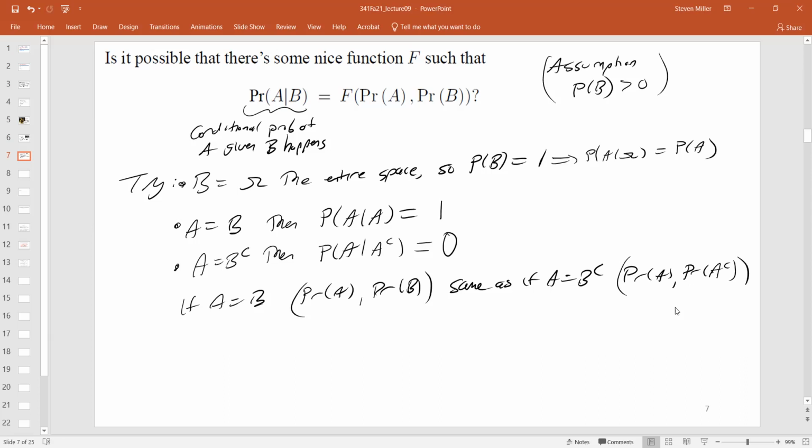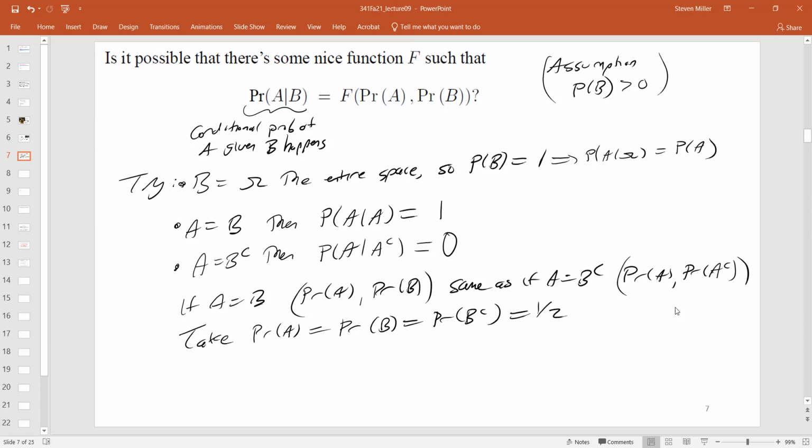So what would be a good choice for the probability of A, B, and B complement? There's one good number where these pairs are going to be the same. 0.5. Take the probability of A equals the probability of B equals the probability of B complement equals 1/2.